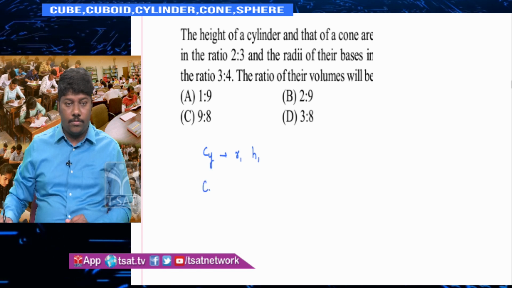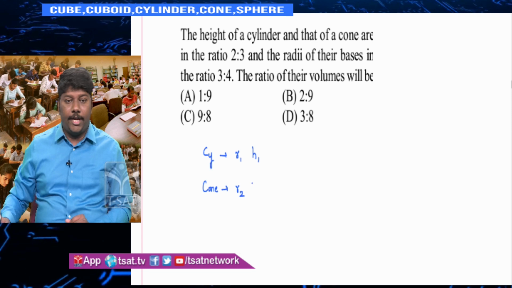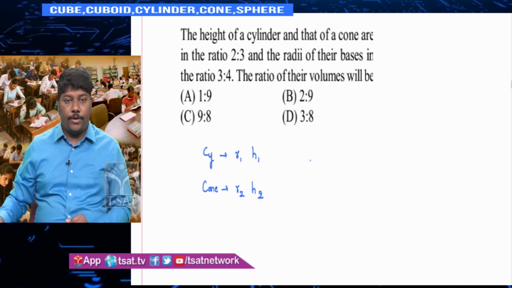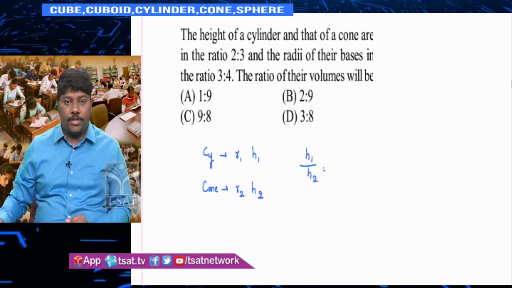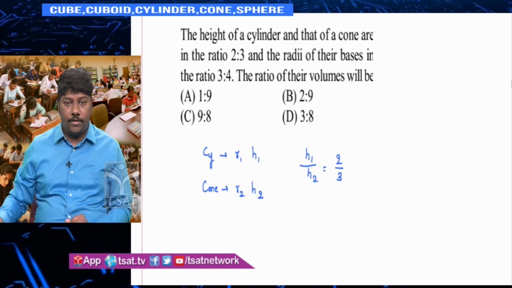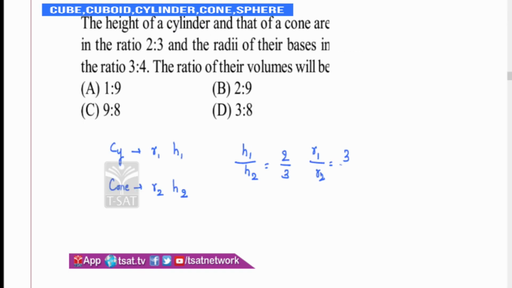For the cone, radius be r2, height be h2. Therefore h1 by h2 is equal to 2 by 3, R1 by R2 is in the ratio 3 by 4.